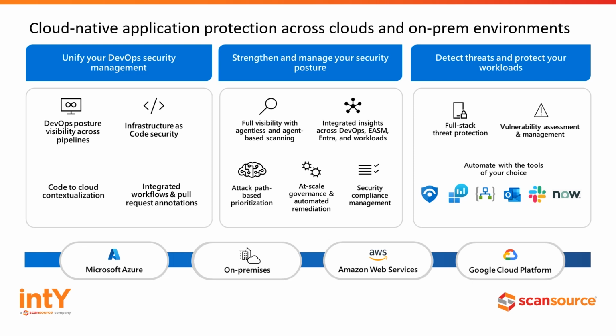In addition to these CSPM features, when protecting cloud workloads, benefits include full stack threat protection, vulnerability assessments and management, as well as automation with a variety of commonly used industry tools. We'll dig deeper into these benefits later in today's session, but first, let's talk a bit about the business challenges that customers face when it comes to cloud security.